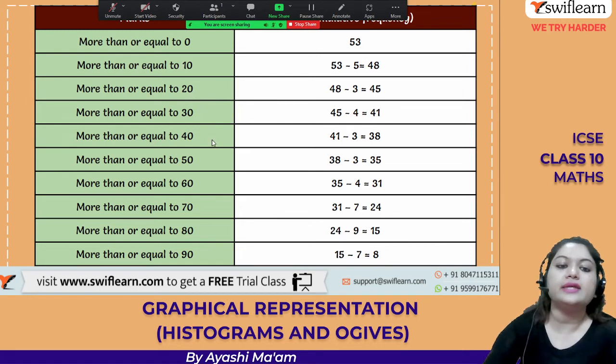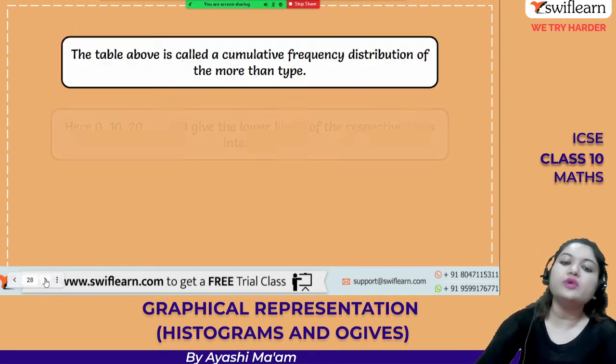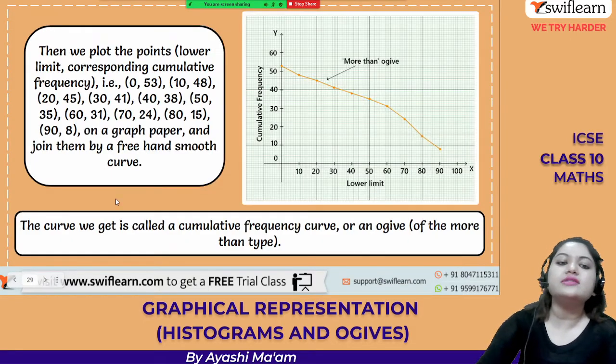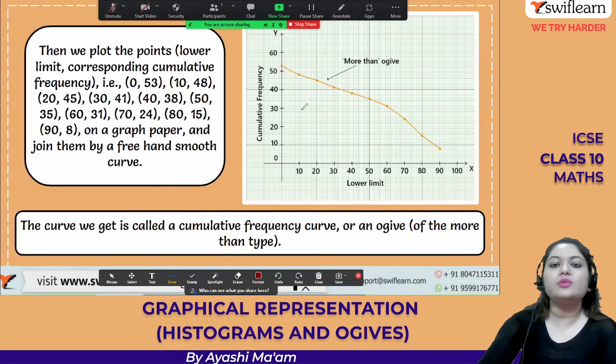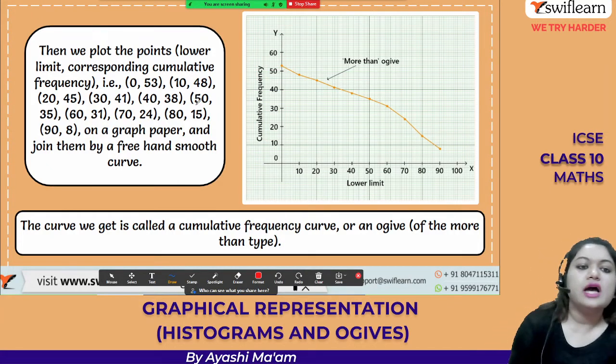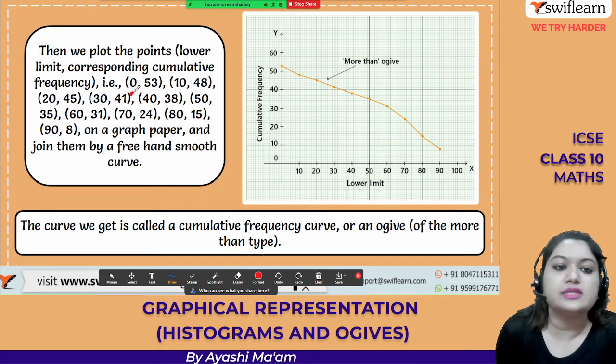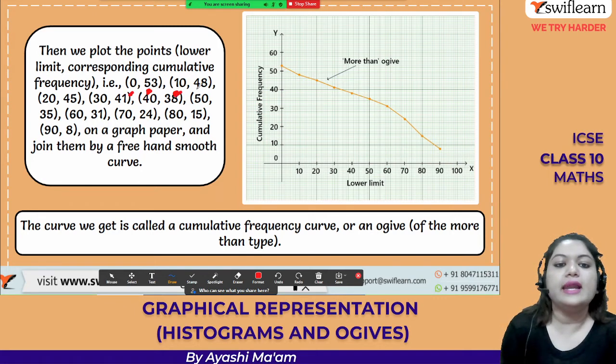These lower limits will be your x coordinate, and your y coordinate will be the cumulative frequency. So it is just similar to the previous one. See the points, the lower limit and then the corresponding cumulative frequency. That means 0 and 53, 10 and 48, 20, 45.